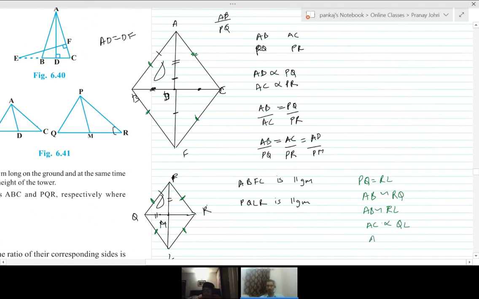Okay. So we already know that QRL is congruent to PQR.